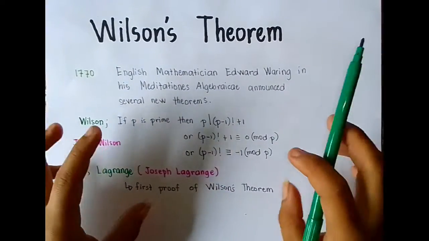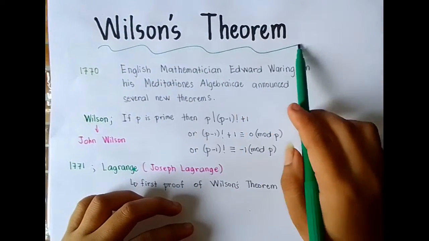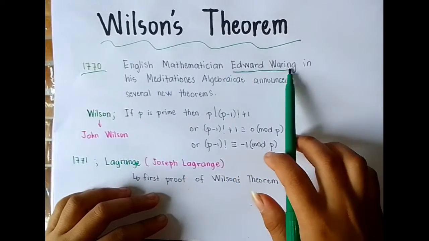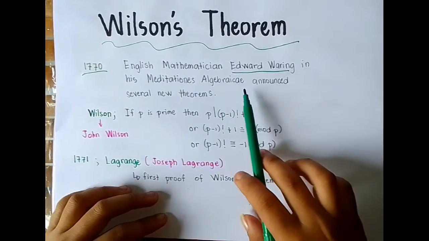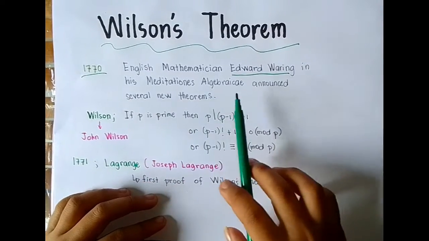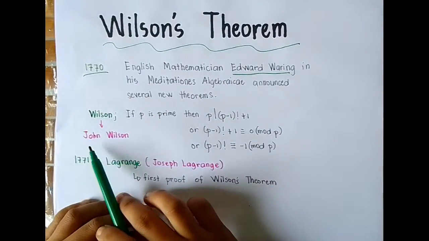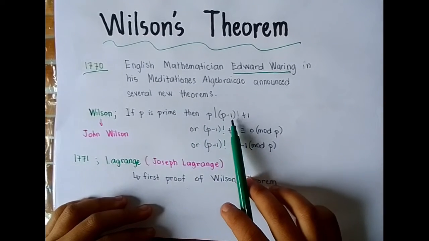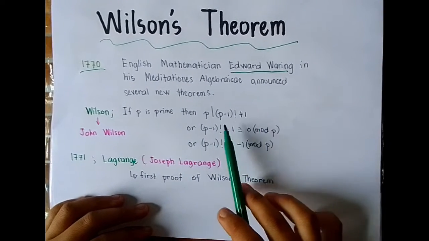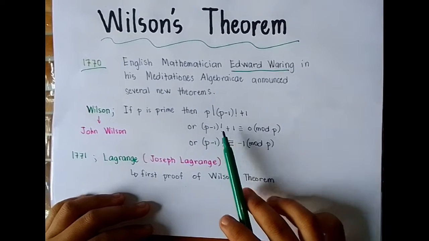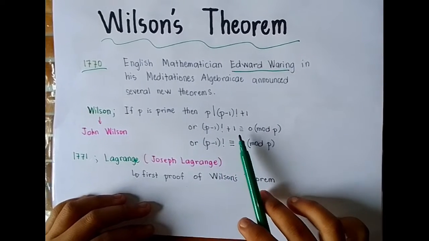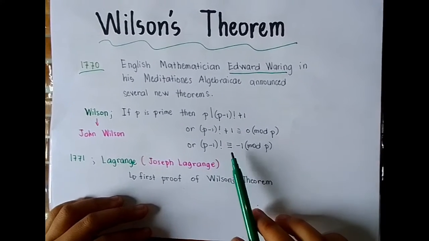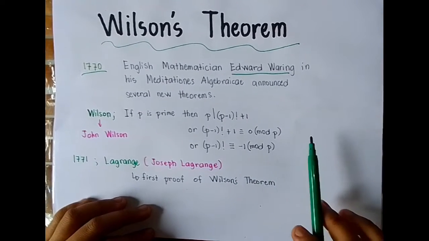So today we're here to learn about Wilson's theorem. In 1770, an English mathematician, Edward Waring, in his Meditations Algebraic, announced several new theorems, and one of his students, John Wilson, says if p is prime, then p divides (p minus 1)! plus 1, or (p minus 1)! plus 1 is equivalent to 0 mod p, or (p minus 1)! is equivalent to negative 1 mod p.